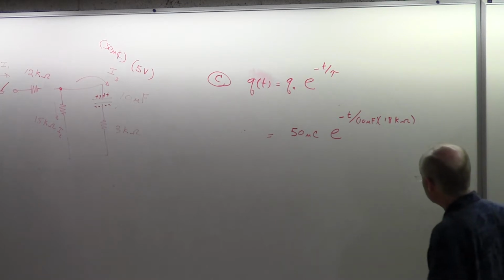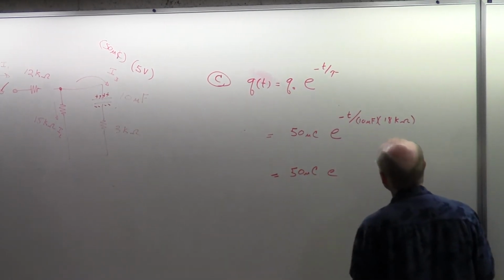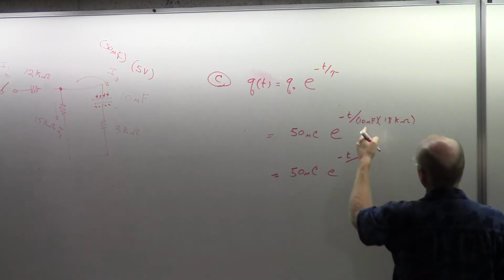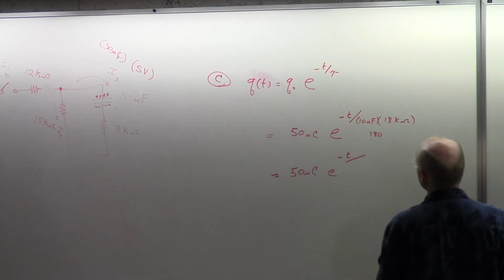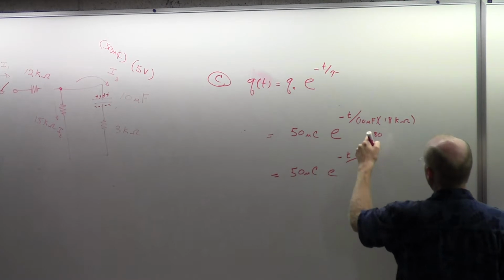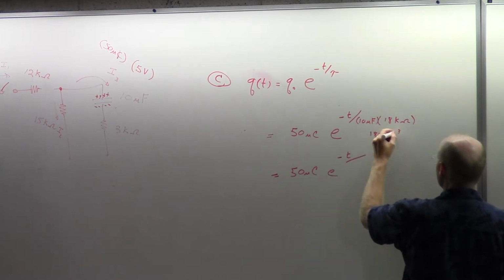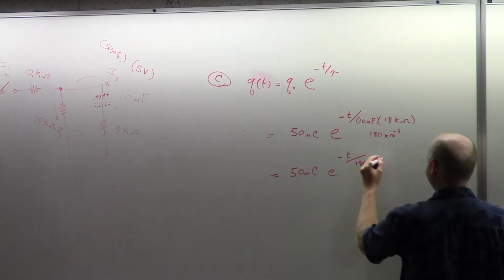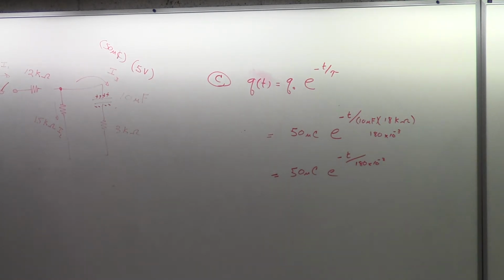And so there is my equation. What's this? 10 times 18 is 180. A micro and a kilo makes a milli. All right, so there is my equation for the charge.